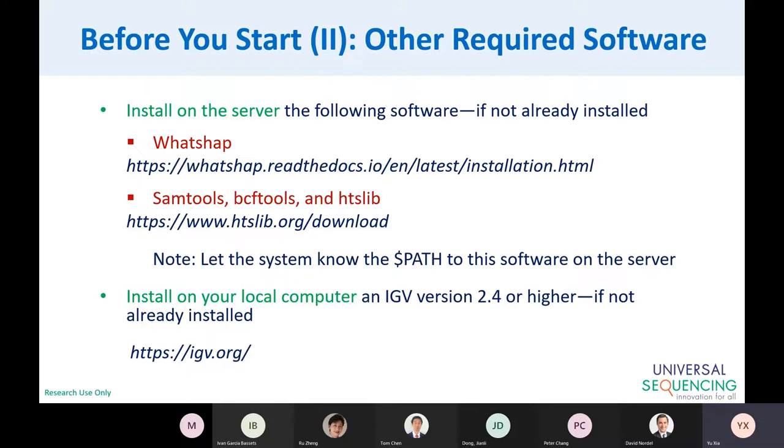Also, please update your PATH variable so that the Perl script will automatically locate those dependencies. And do not forget to install IGV on your local computer. If you haven't done it, you may just follow this link, download and install it.